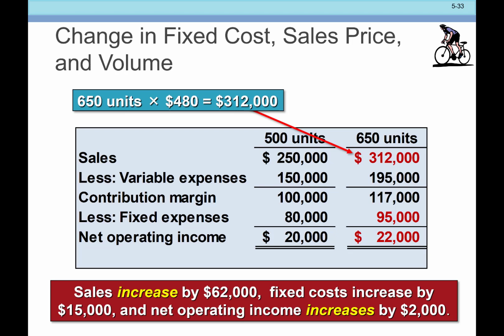So you start looking at the increase, but you've got to weigh it against the potential that it will actually happen. In textbooks, they'll say, yeah, you should automatically do it, right? But there's not a guarantee that all this is going to happen. Who knows? Maybe I can't sell 650 bikes. And if that's the case, then I'm stuck with a bunch of extra bikes and less profit than I had before.